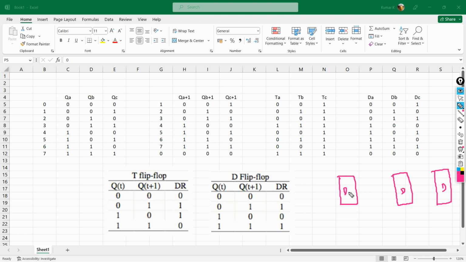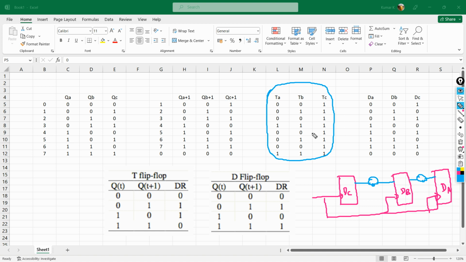This is going to be kind of DC, DB, and then DA, something like this, and then you will have your logic. It could be anything. It could go something like this. Got it? Now, in this case, you have to just use the T flip flop, where the logic could be different, as simple as that. You're getting it?